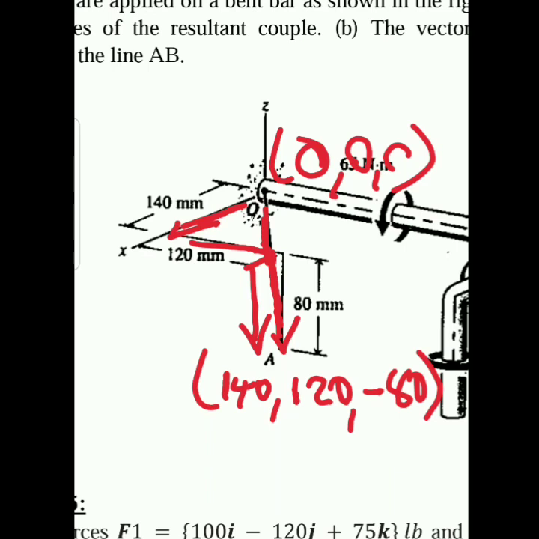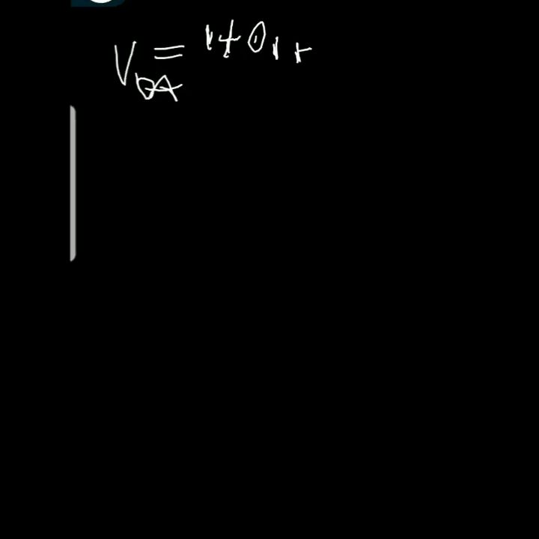So you find that your unit vector along the line OA, UOA, would be equal to 140 I plus 120 J minus 80 K over the magnitude of that position vector.